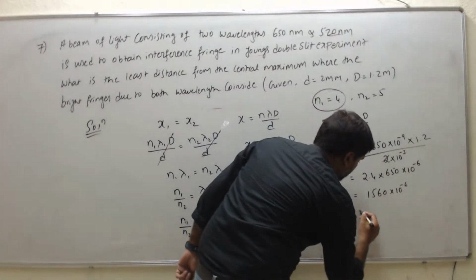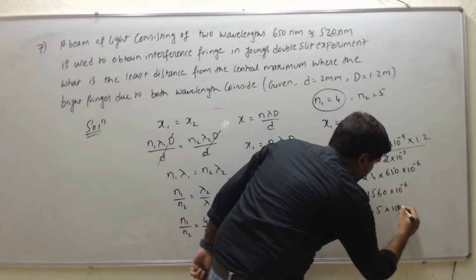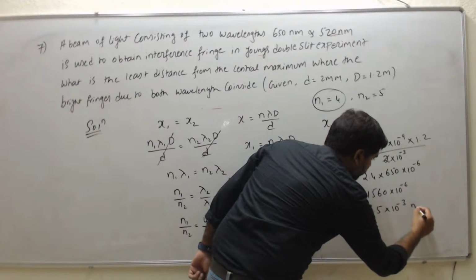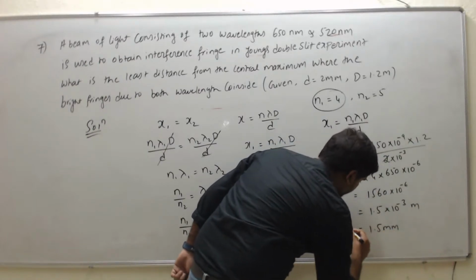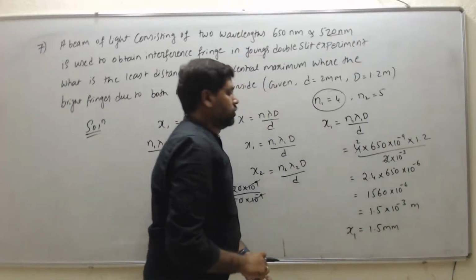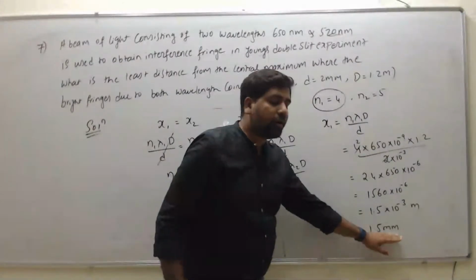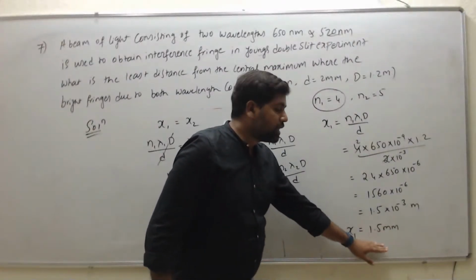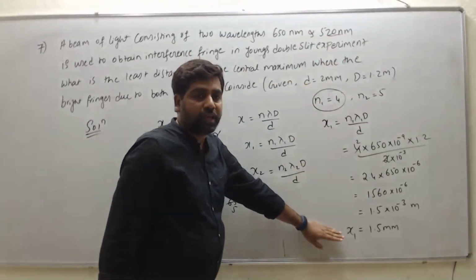If we divide by 1000, it becomes 1.56 into 10 to the power of minus 3 meter, or we can write 1.56 millimeter. So at this distance from the central bright fringe, the two wavelengths are coinciding, right?